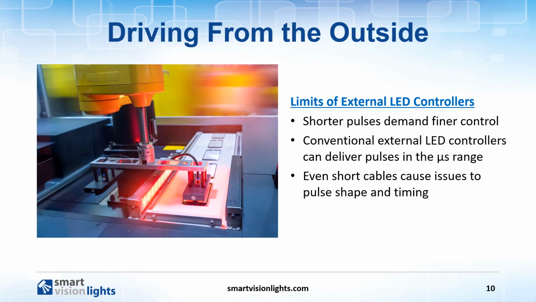Given the limited number of ways in which a camera system can be tweaked to gather more light during short exposure times, it is advantageous to illuminate the object of interest more intensely. As pulse lengths decrease to accommodate shorter camera exposure times, the shape of each pulse, the time it takes the LED to reach full intensity and then switch off, becomes increasingly important.